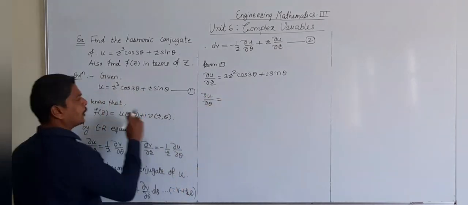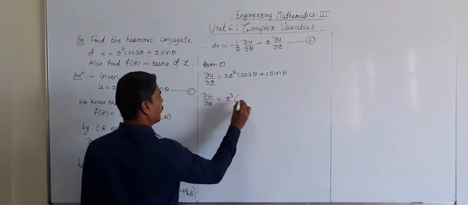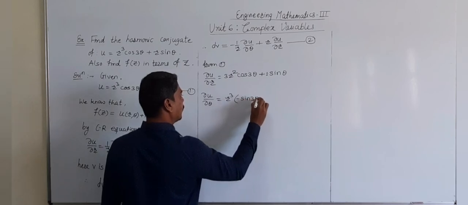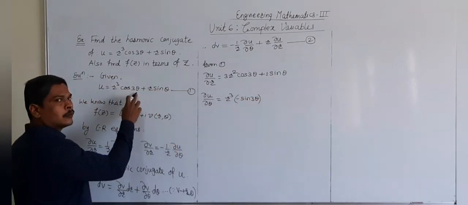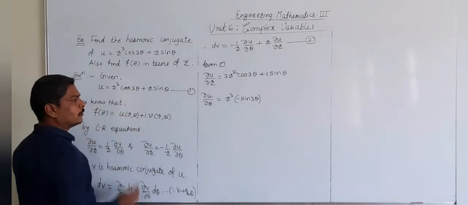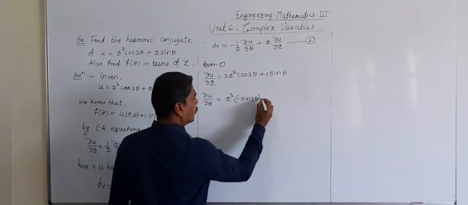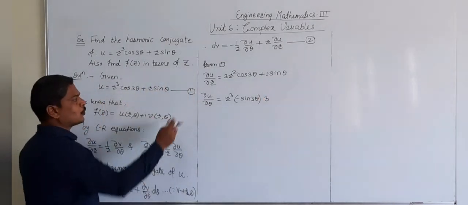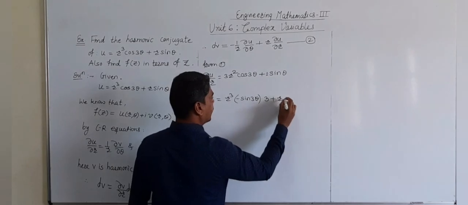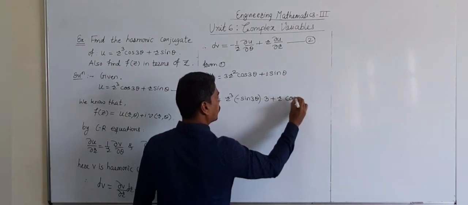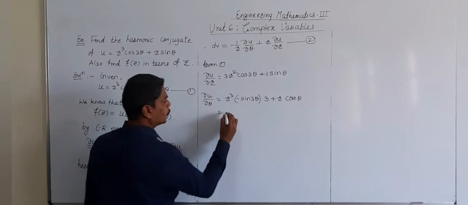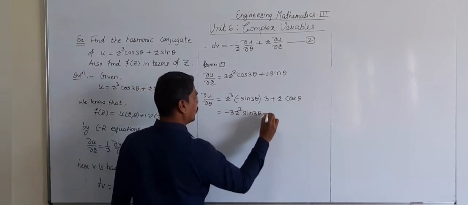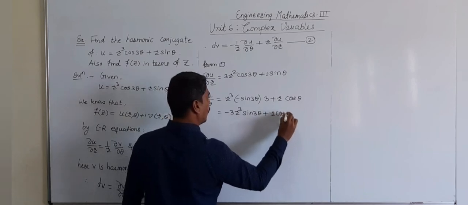This is r cube as it is, the derivative of cos 3θ is minus sin 3θ, and multiply by the derivative of 3θ, which is 3, plus r as it is, and the derivative of sin θ is cos θ. So we get minus 3r cube sin 3θ plus r cos θ.